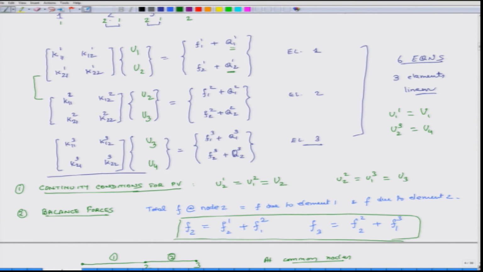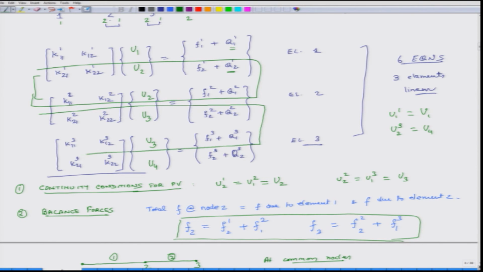these two equations, right. When I add them up, what do I get? I get sum of F12 and F21 and Q12 and Q21, right. So, I add them up. Similarly, I add these equations. Okay.